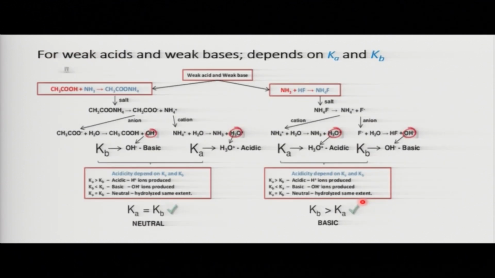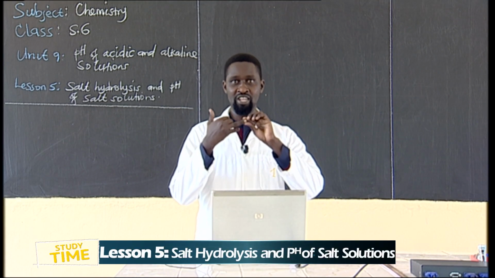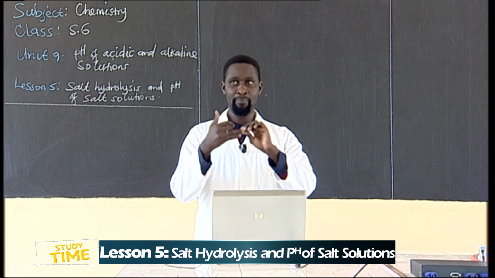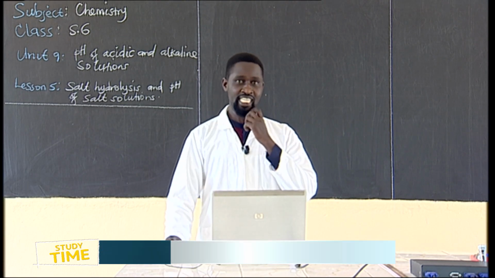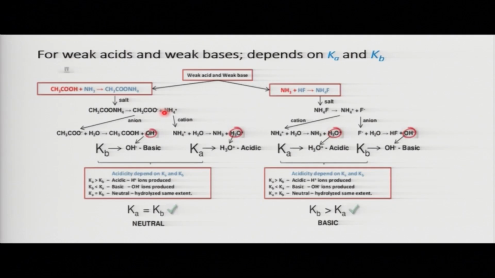So how is that coming about? You understand from our previous lessons, Ka is the ionization constant for a weak acid and Kb is the ionization constant for a weak base. Here we are involving the cation acting as a weak acid and the anion acting as a weak base, so they undergo ionization in water.